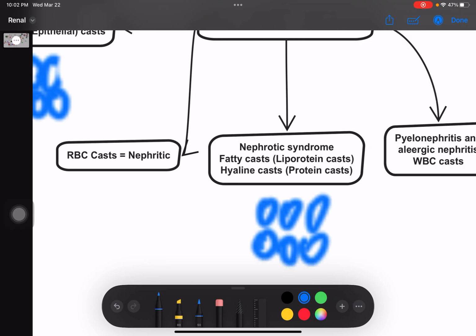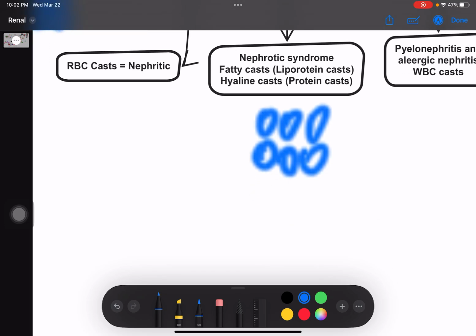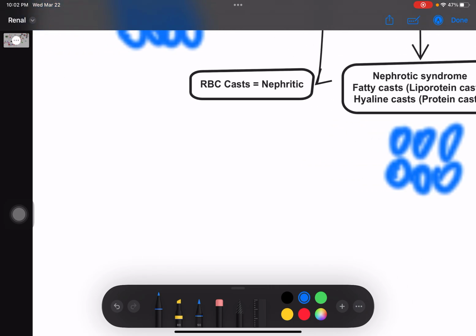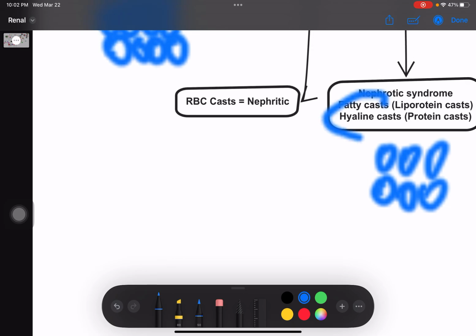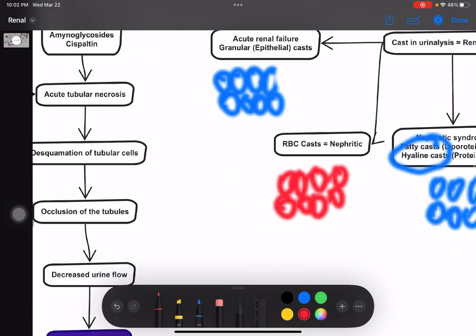Those are called fatty casts. And hyaline casts, which are accumulations of proteins. You remember there's more than 3.5 grams of protein in the urine in a 24-hour sample. So in nephrotic syndrome, those are the characteristic casts. In nephritic syndrome, on the other hand, we have red blood cell casts. So it's the accumulation of red blood cells, which can be seen in nephritic syndrome.